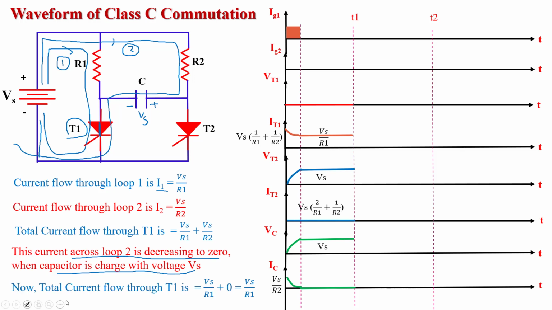At that time the total current through the T1 thyristor is only from loop 1, that is Vs by R1.